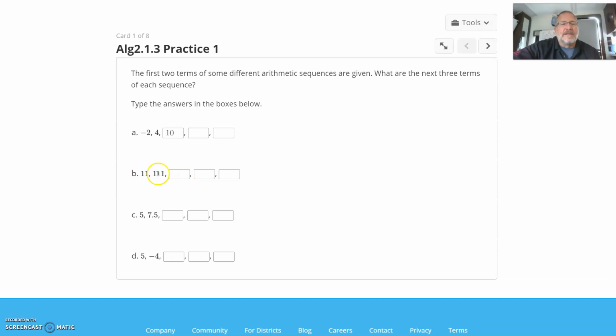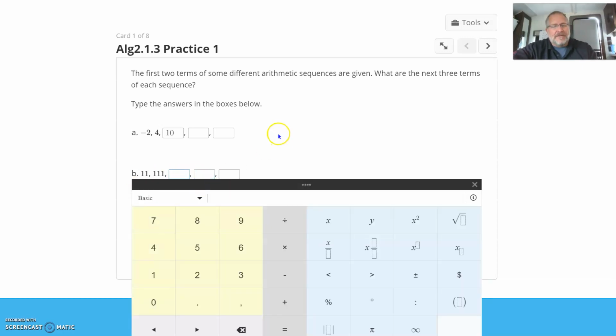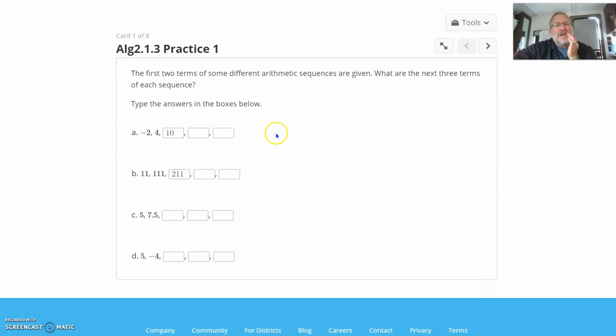You could just subtract. For instance, if I took 111 and I subtracted off the previous term, the answer would be 100. So it must have added 100. So if I was to add 100 here, the first one would be 100 more than 111, which would be 211, and then I think you might see 311, etc.